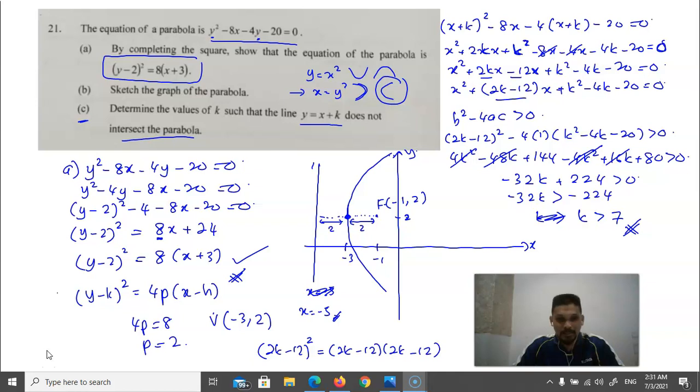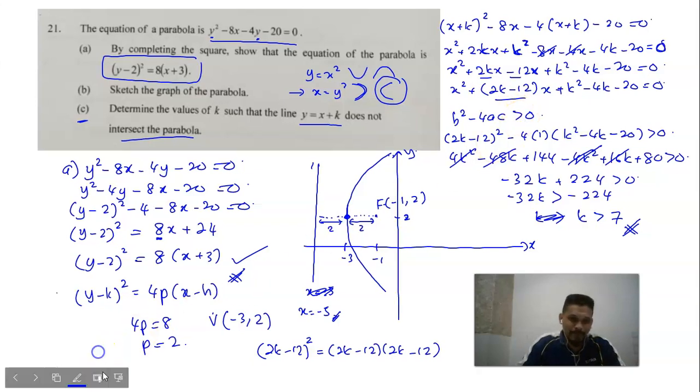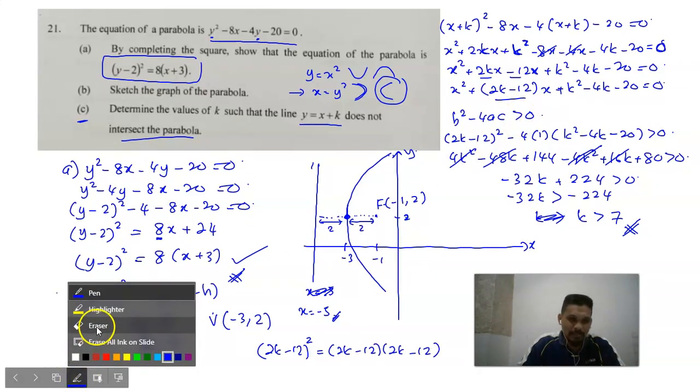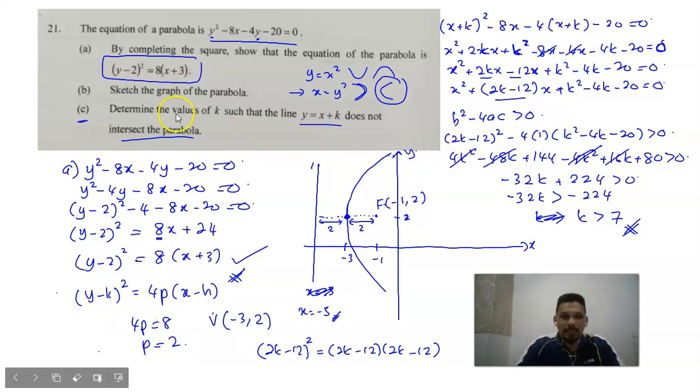Okay, class, I have to clarify something because I used the wrong sign here. Sorry, I double checked and I made a mistake here. Recall this line does not intersect with the parabola, did not meet at all. So it means that it should be less than 0.